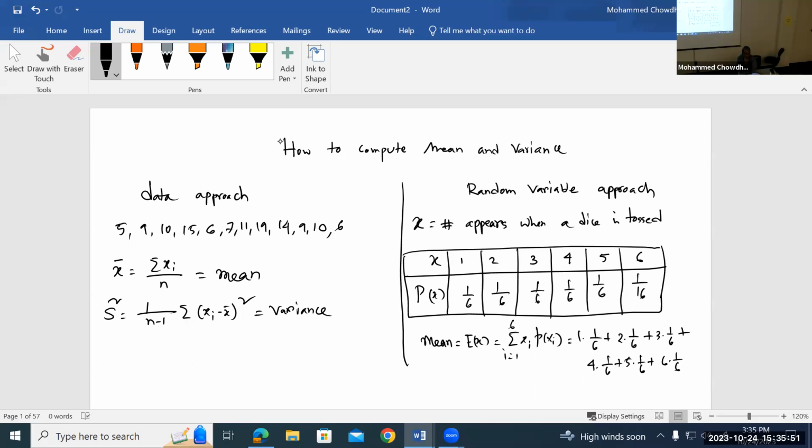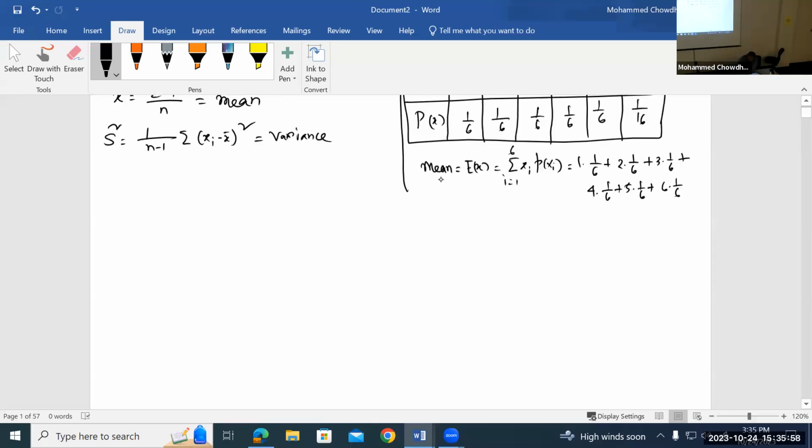Understand? So now if you want to find this, 1 over 6 times (1 plus 2 plus 3 plus 4 plus 5 plus 6), which is equal to 21 over 6. That means 7 over 2, which is equal to 3.5. Are you understanding?